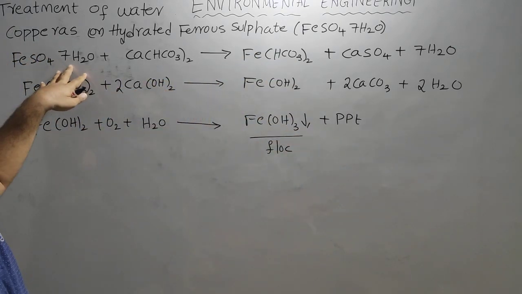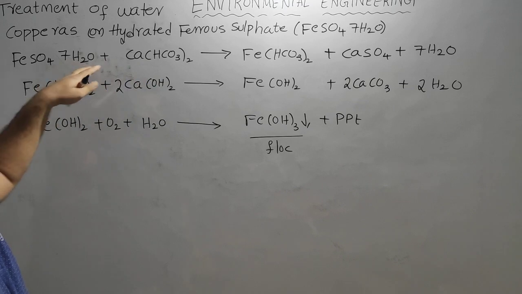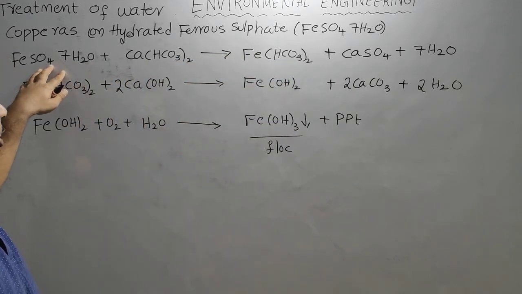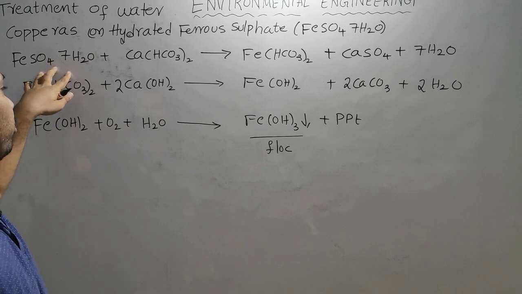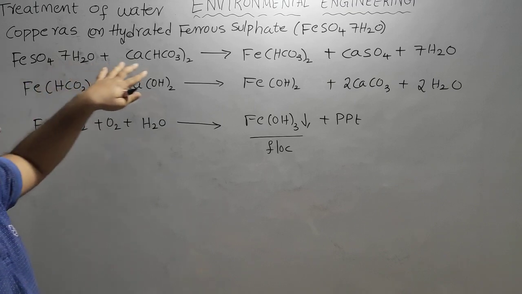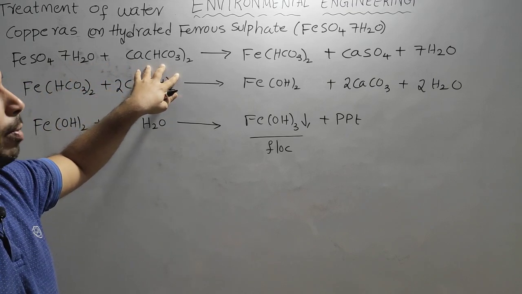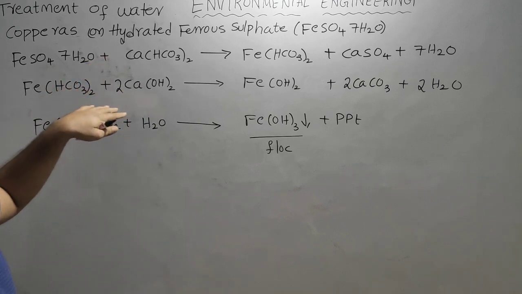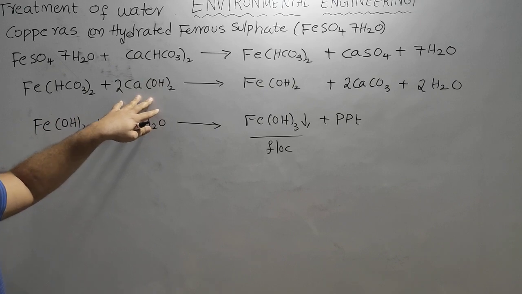The alkalinity requirement you can say by looking at the reactants; we have no need of looking at the products. For this much alum or copperas, this much alkalinity is needed in the form of bicarbonate. For this much ferrous sulfate, this much lime is needed.